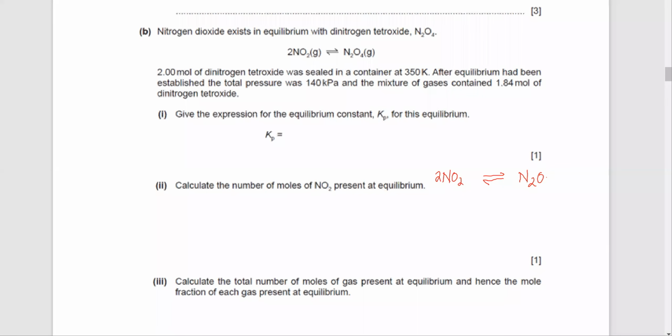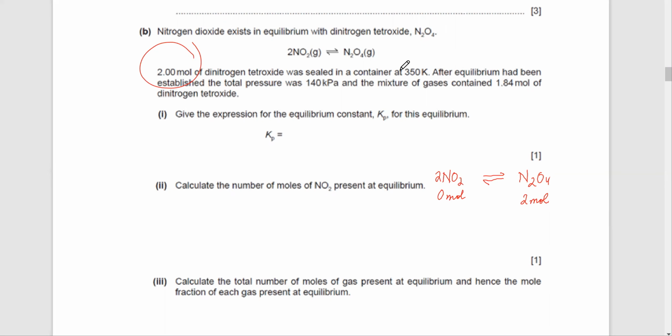Now in this question, they've given us exact moles, so use those. 2 moles of dinitrogen tetroxide are initially added to the container, sealed in a container at 350 Kelvin. So 2 moles were added, so this is your initial. No NO2 is present.